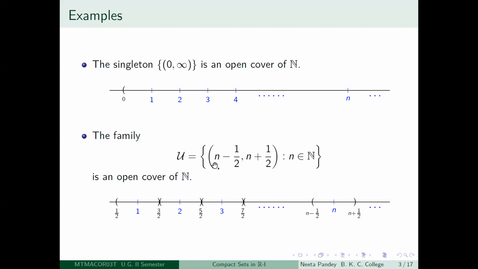So it is centered at n, and all the points in this open interval are at a distance less than half from n. So therefore, the set of positive integers is going to be a subset of the union, n equal to 1 to infinity, of n minus half to n plus half, right?